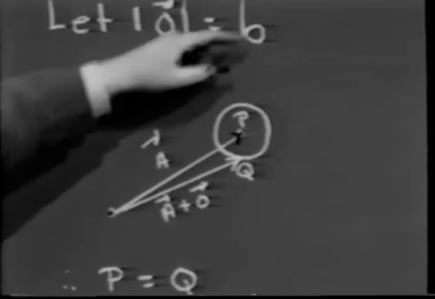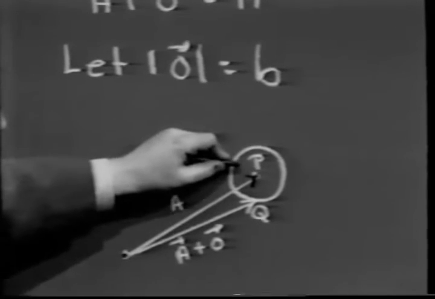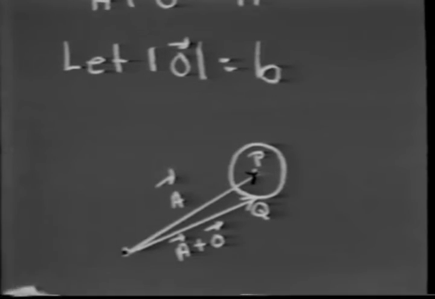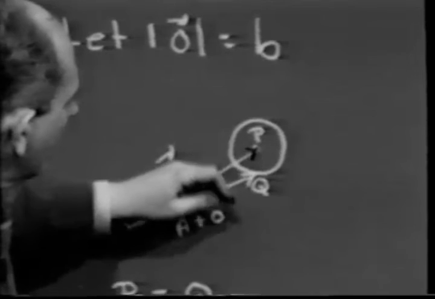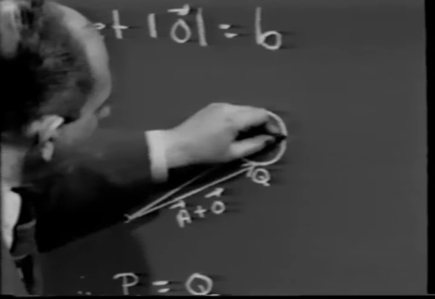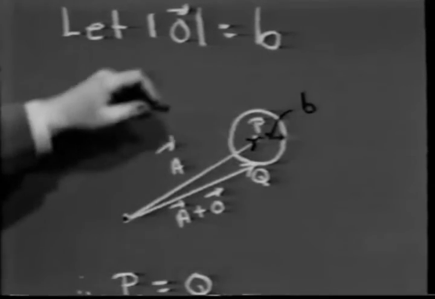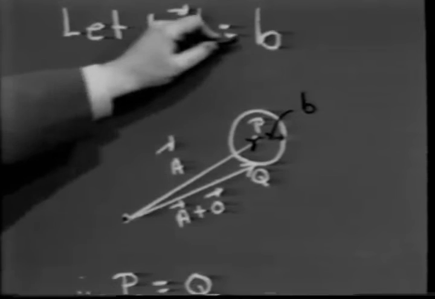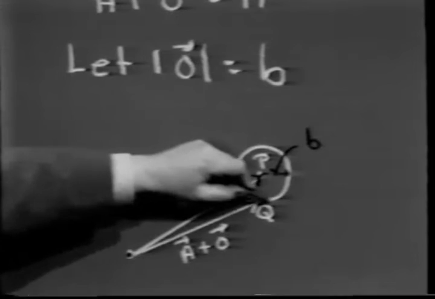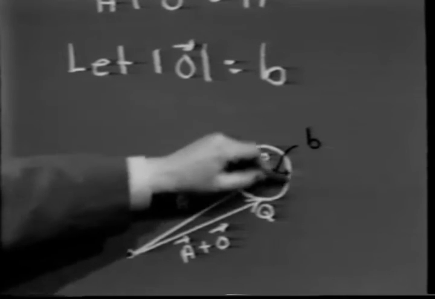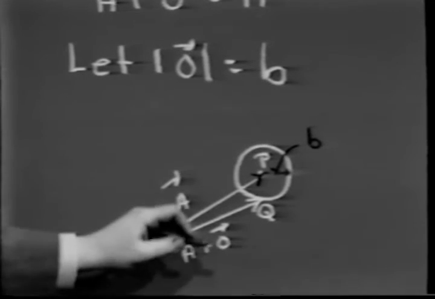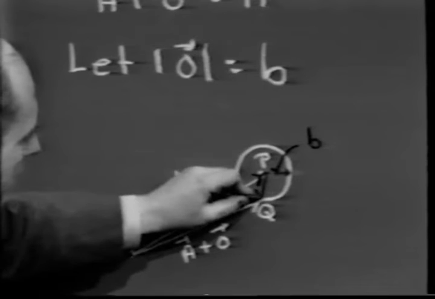All I know is it's going to start at P and be length B. So the surest thing I can say is, let me draw a circle centered at P with radius equal to B. Whatever the 0 vector is, if its magnitude is B, it must originate at P and terminate someplace on this circle, because that's the locus of all vectors of length B which originate at P. For the sake of argument, let's say that the 0 vector happens to be PQ.